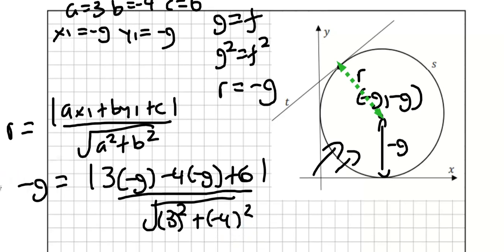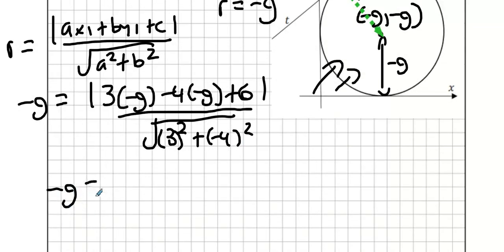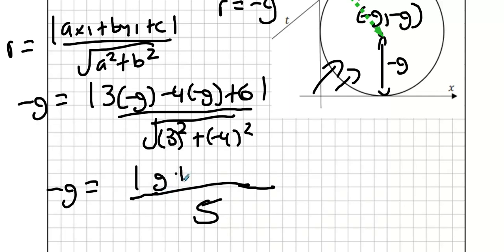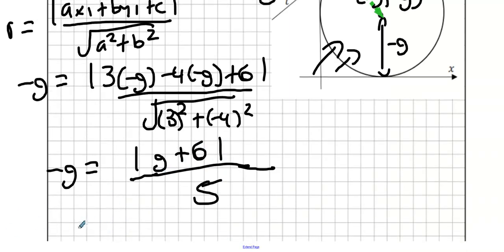Okay, we go again here, we're going to get minus g, and that's going to be 5 on the bottom when you put it all into your calculator. And on top, we're going to get minus 3g plus 4g, which is going to be g plus 6 over 5. Going to multiply across, you're going to get minus 5g equals g plus 6.